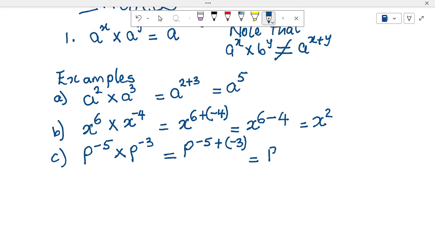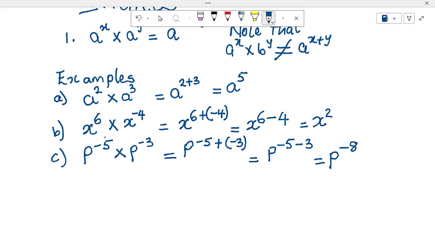So you have p to the power minus 5 minus 3. Did you get that? So minus 5 minus 3 is what? Did you get minus 8? You're right if you got minus 8. So p raised to minus 8 is the answer.